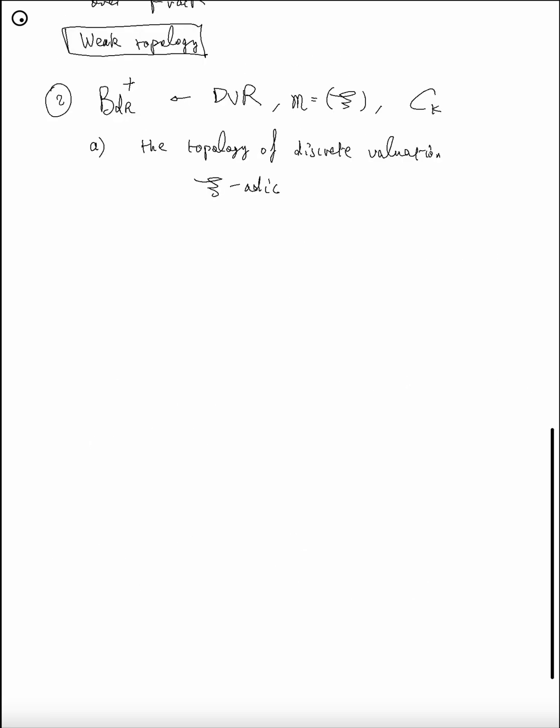This in particular induces again the discrete topology on C_K, right?